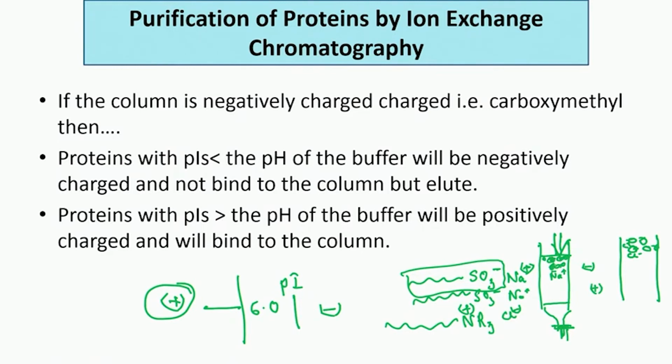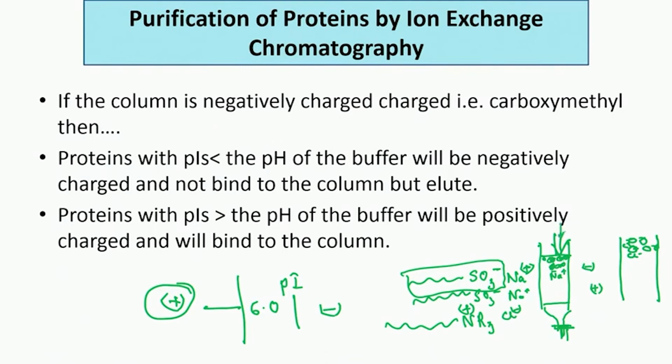So, ultimately what happens is that the sodium ions go out, and the proteins get attached to the resin beads. Then you increase the solvent that you want to elute with, that is the eluent.